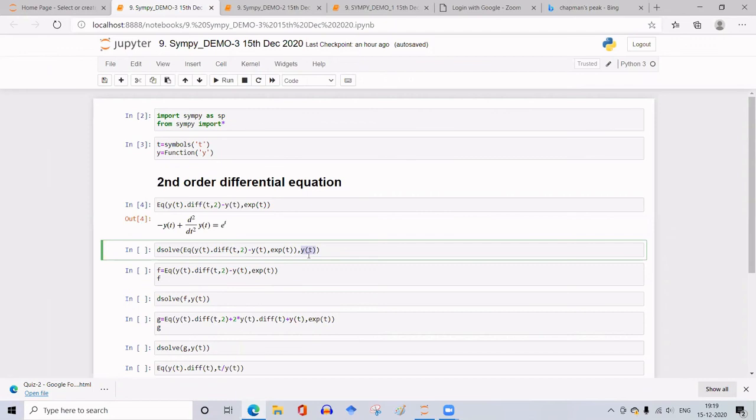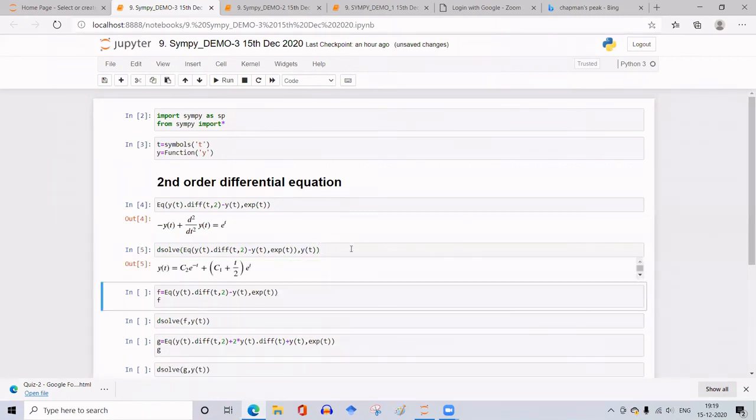That is why we have defined this y as a function here. Okay. You try differentiating this at home to see what you must get. So this is the answer for the solution of the second order differential equation, which has e to the power of t on the right hand side, where C1 and C2 are constants.